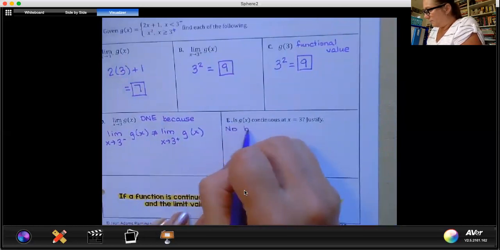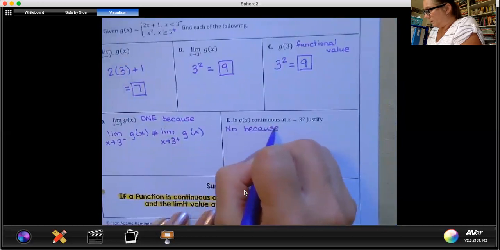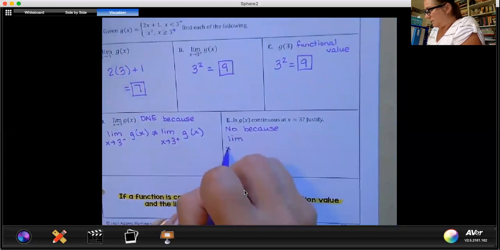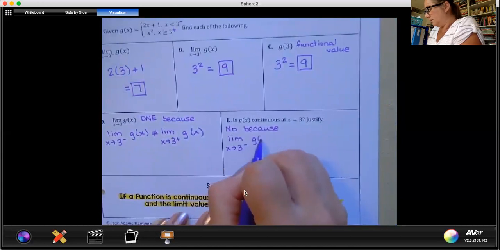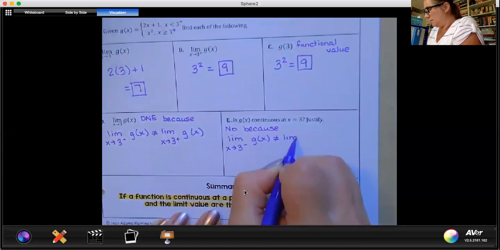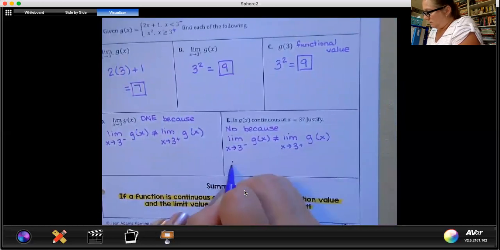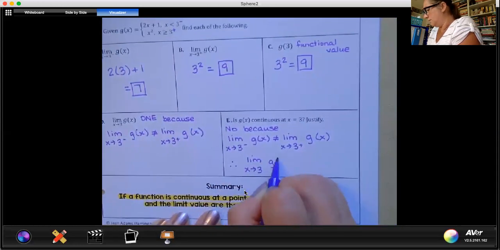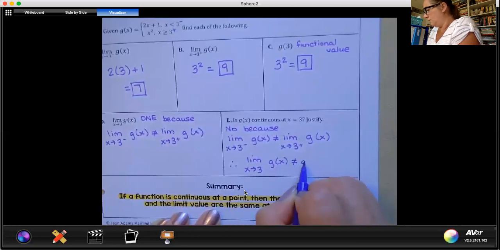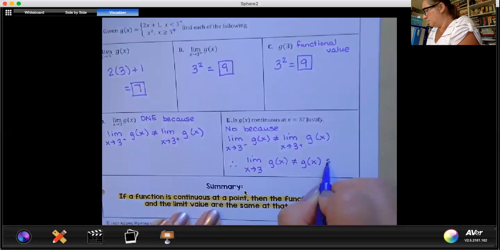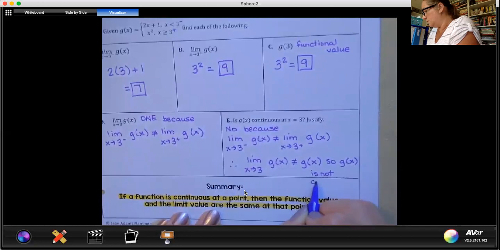No. Because the limit as x approaches 3 from the left does not equal the limit as x approaches 3 from the right. Therefore, the limit as x approaches 3 of the function can't equal the functional value. So g of x is not continuous at x equals 3.